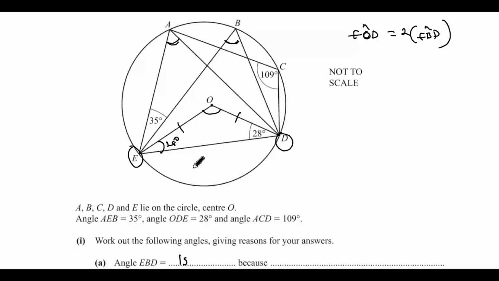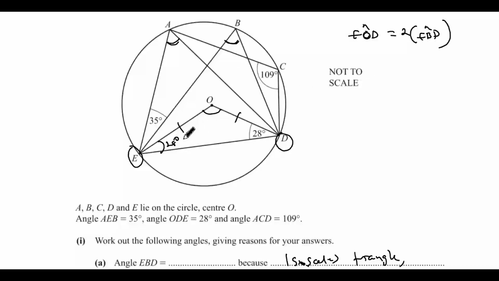So you can write isosceles triangle, the reason here. That's one reason. We're not done, so let's calculate.